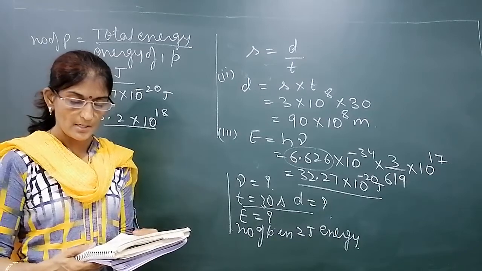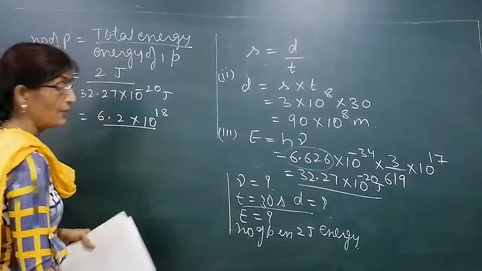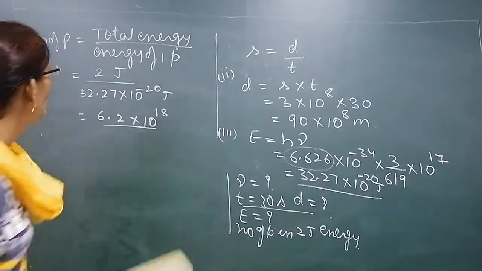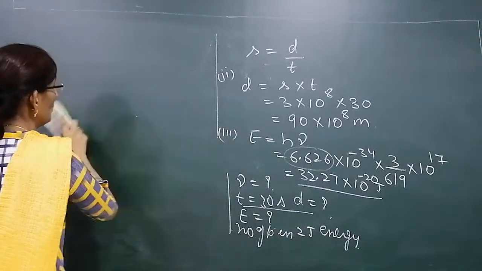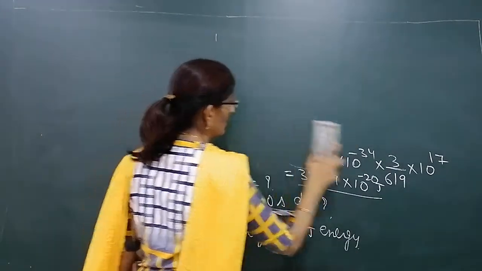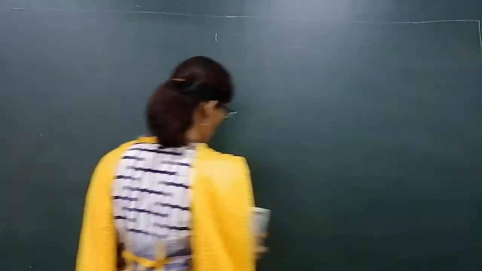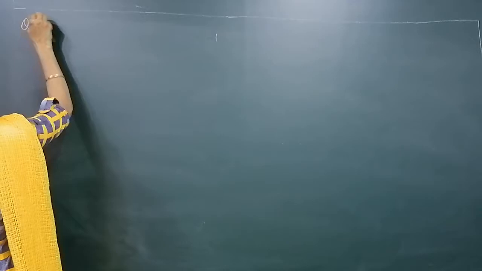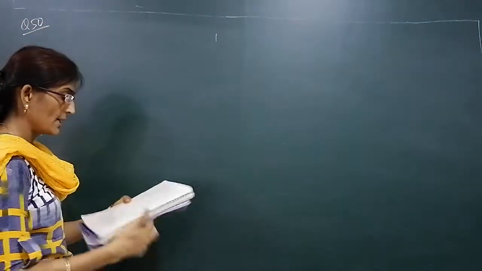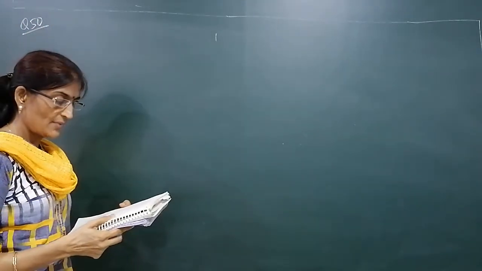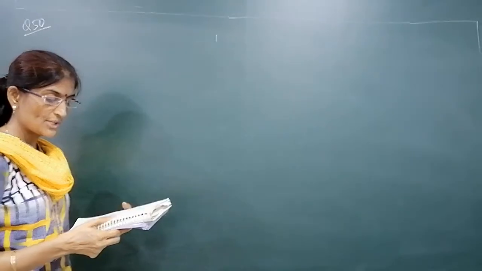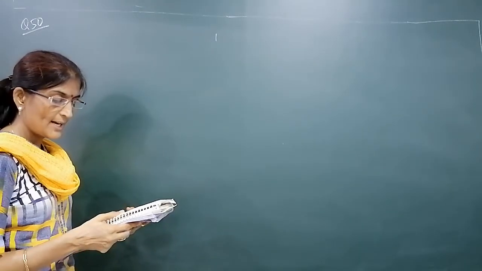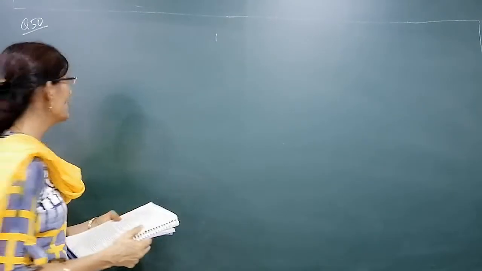Question number 51 we have done. Then question number 50: the longest wavelength doublet absorption transition is observed at 589 and 589.6 nanometer.